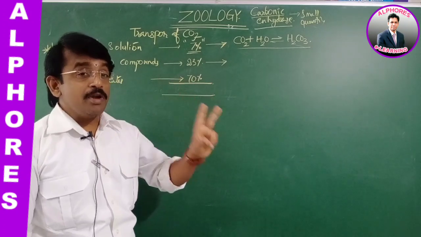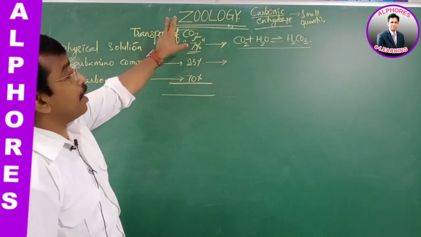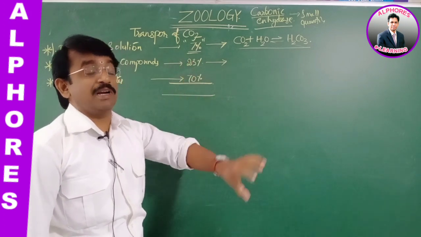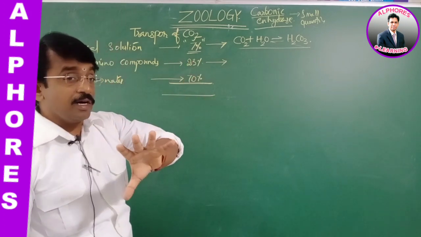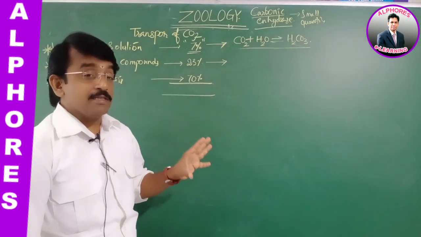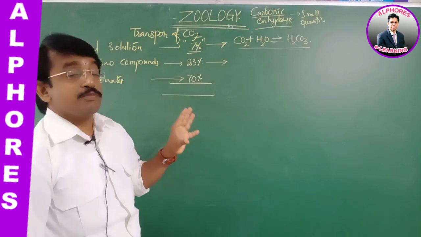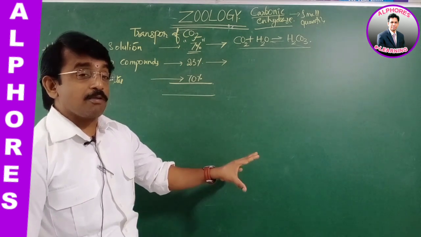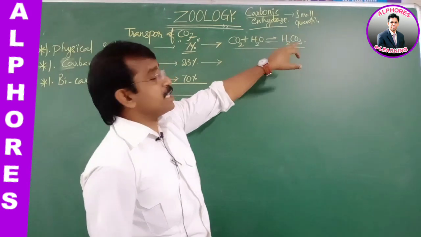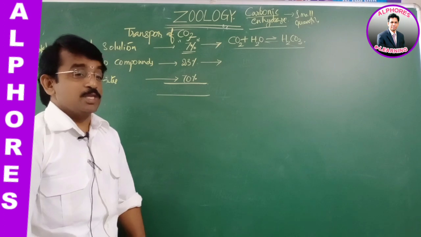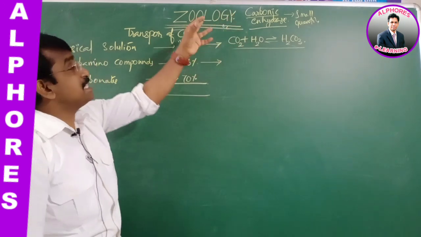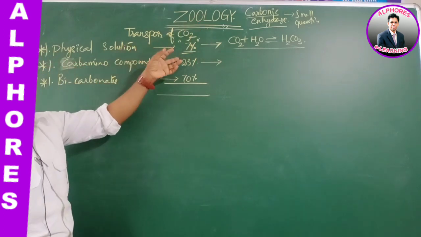So carbonic anhydrase is present in both plasma and RBC, but its content is more in RBC when compared with the plasma. It acts as a catalyst and is responsible for the formation of carbonic acid and its breaking down. In the case of plasma, it is stable, so it remains as it is, which means it is not further dissociated. This is the reason why 7%.